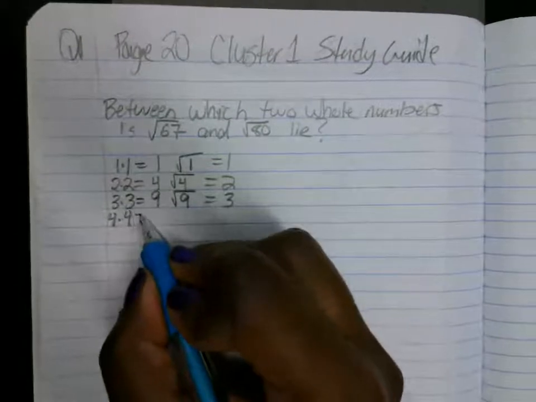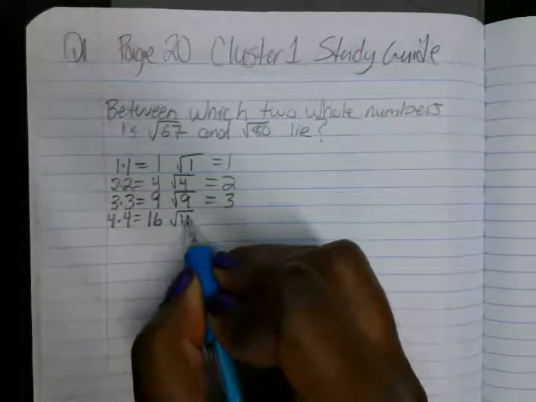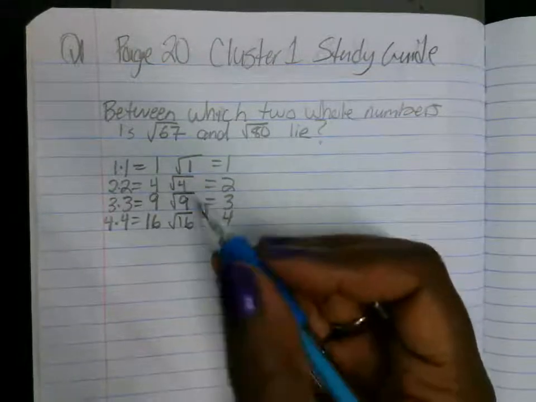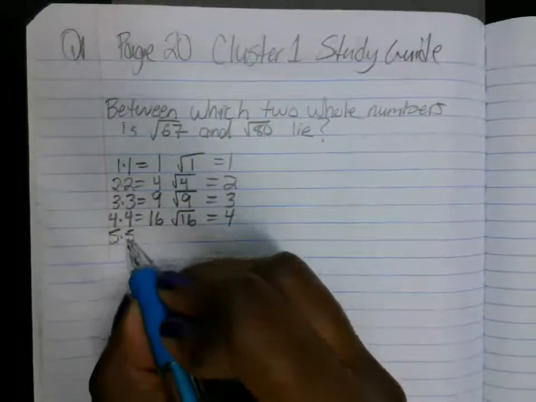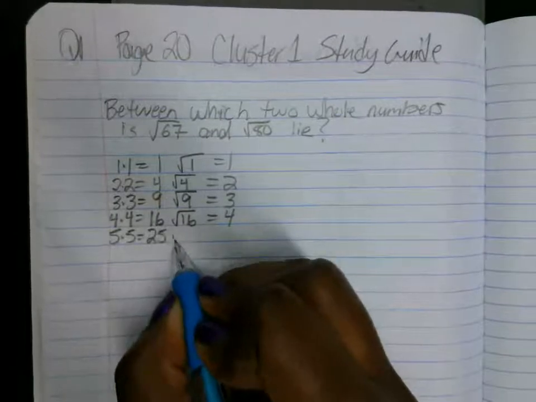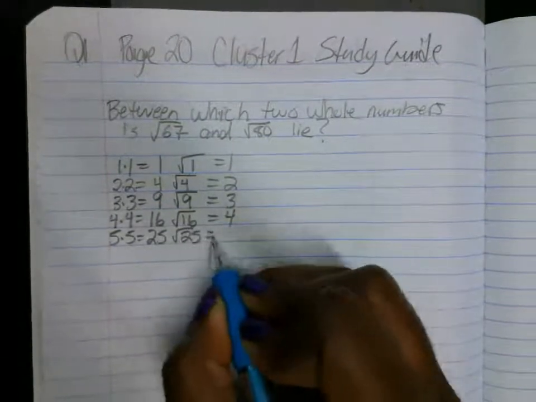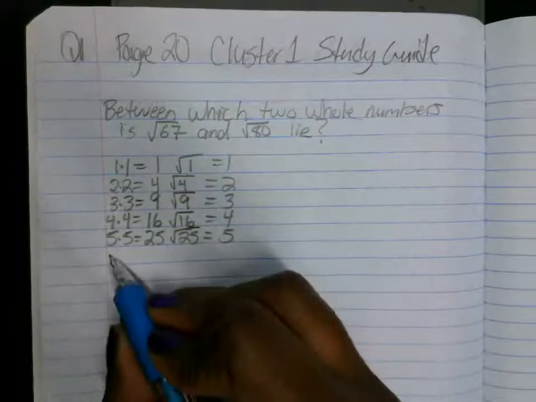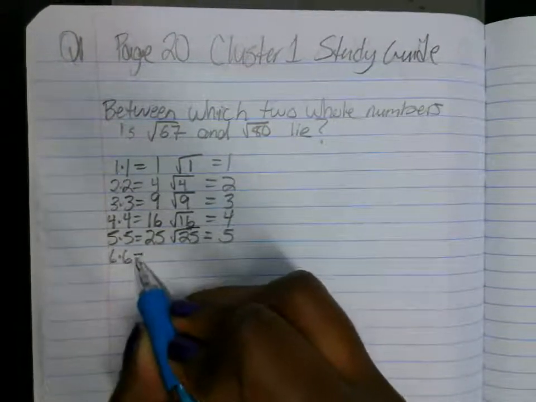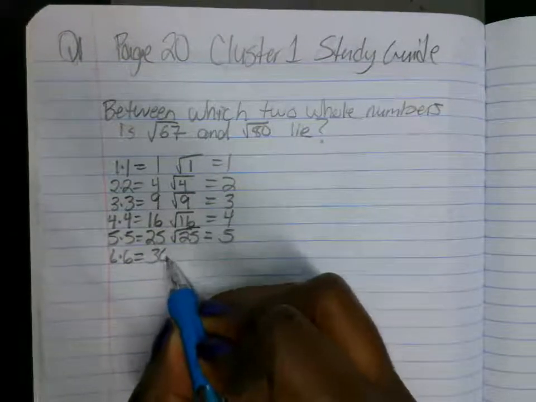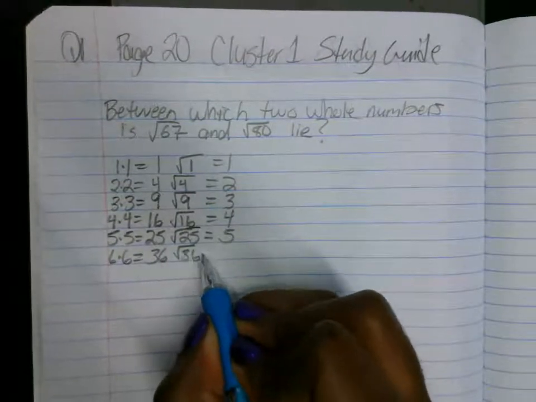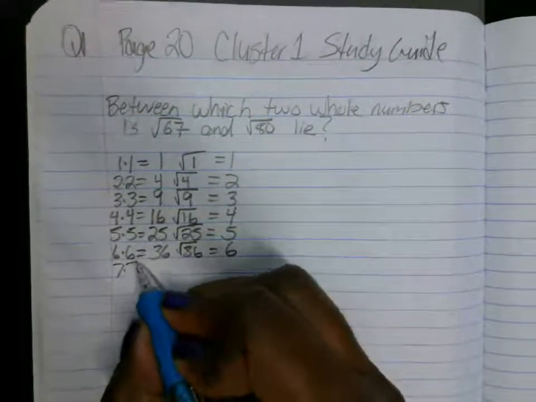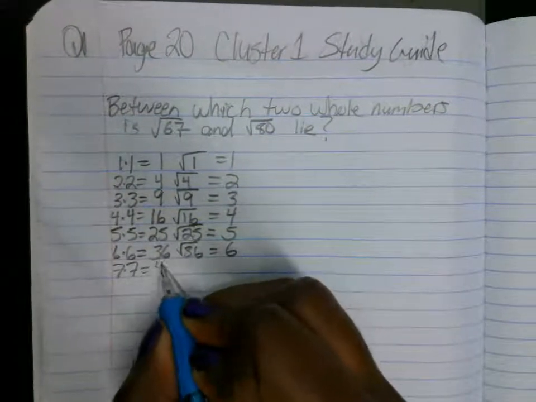What's 4 times 4? 16. The square root of 16 is 4. 16 is a perfect square. 5 times 5? 25. The square root of 25 is 5. 25 is a perfect square. What's 6 times 6? It is 36. What's the square root of 36? 6. Okay. 7 times 7? 49.